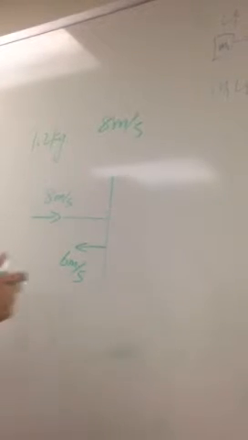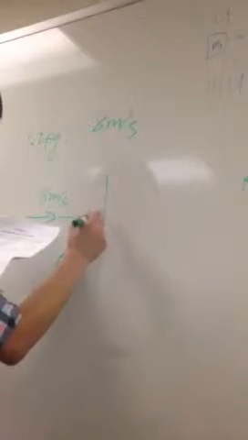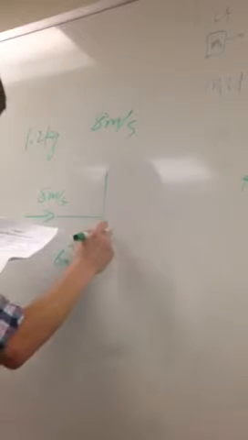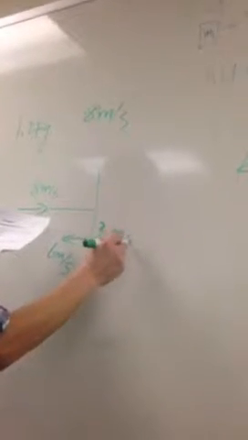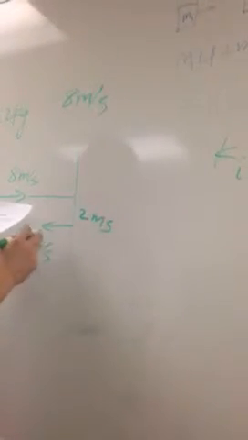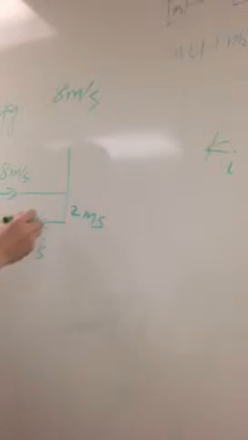If the time in contact with the wall is 2 milliseconds, what's the magnitude of the average force on the object by the wall?